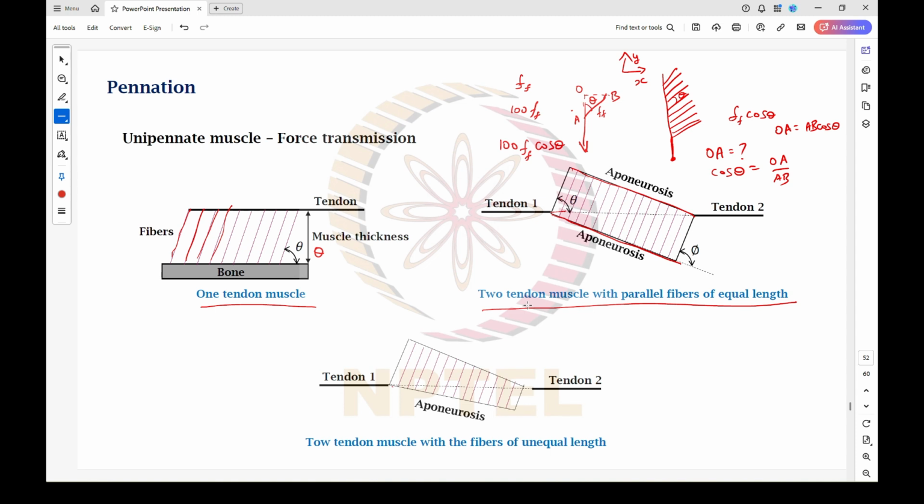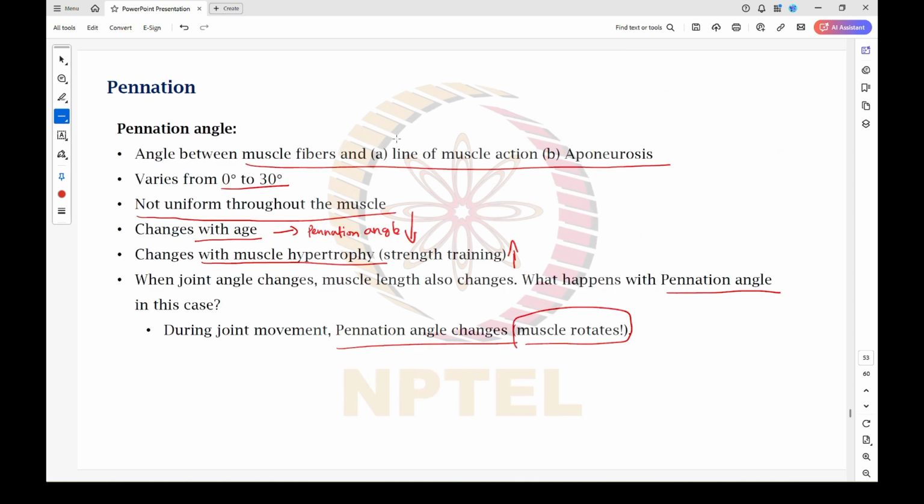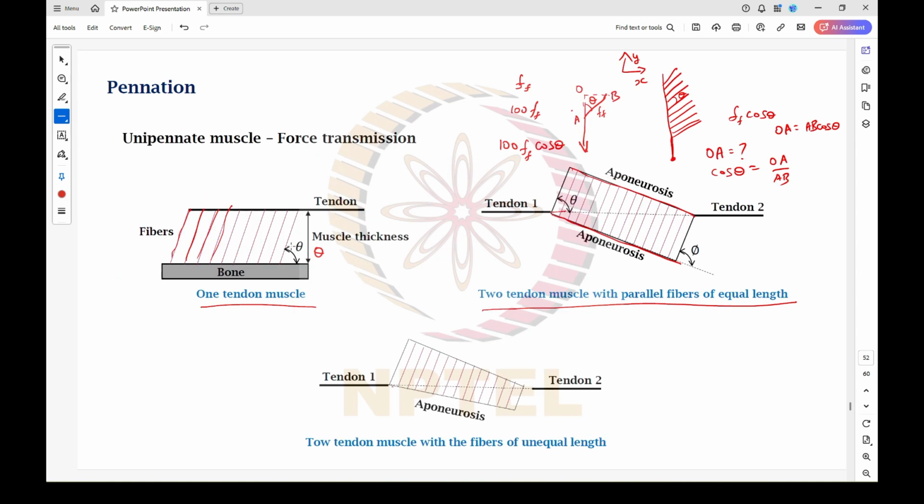So in case of pennate muscles, there is a pennation angle which comes into play. The pennation angle is the angle between the muscle fibers and the line of muscle action, or the aponeurosis. So basically, this is the pennation angle in this case.